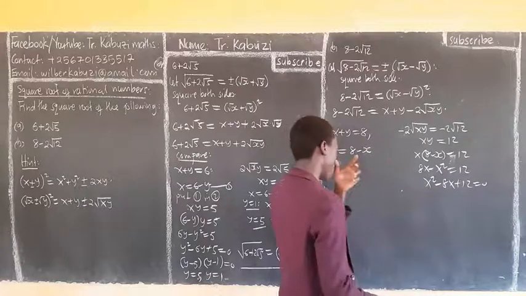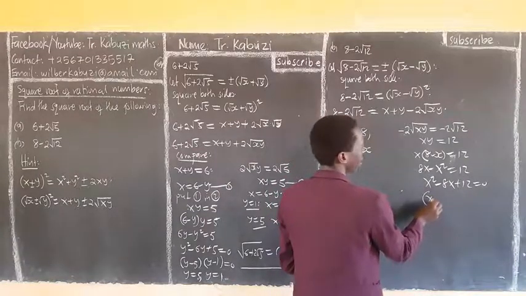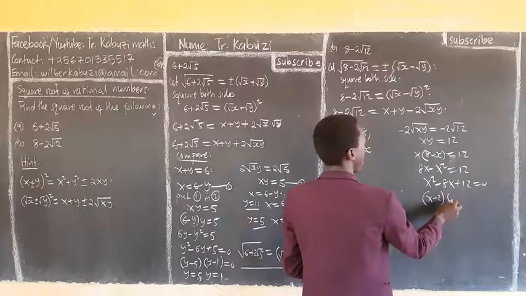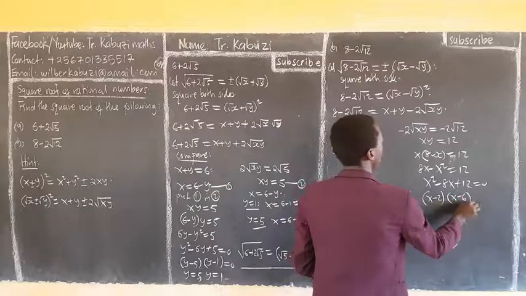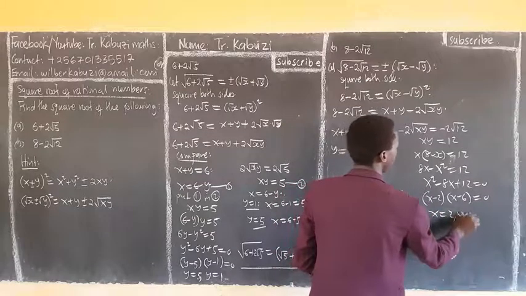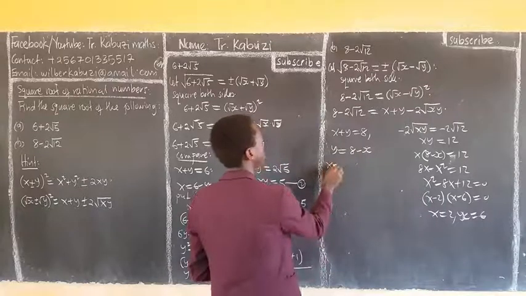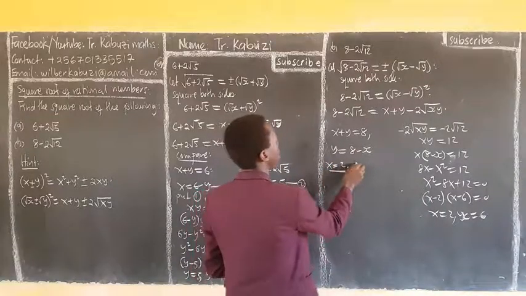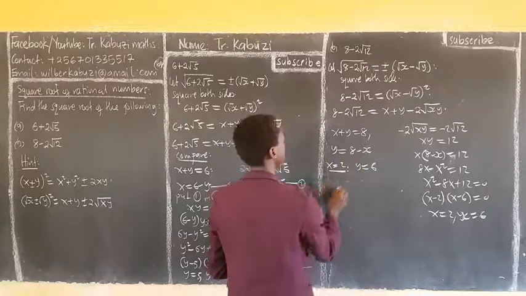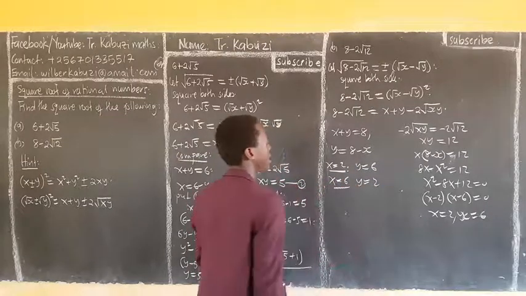So two numbers which multiply to give 12 and add to give negative 8. Those are negative 2 and negative 6, so that either your x is 2 or your x is 6. For every value of x, when x is 2, your y will be 6. When x is 6, your y will be 2. So you take any pair.